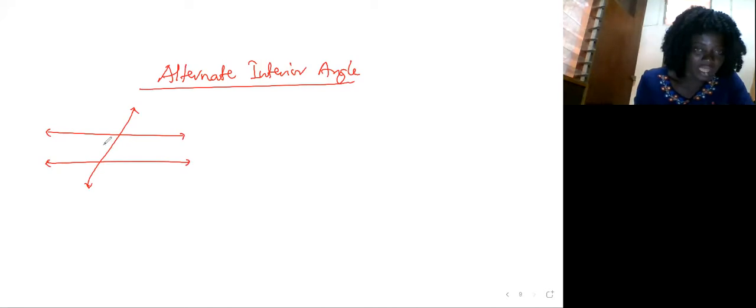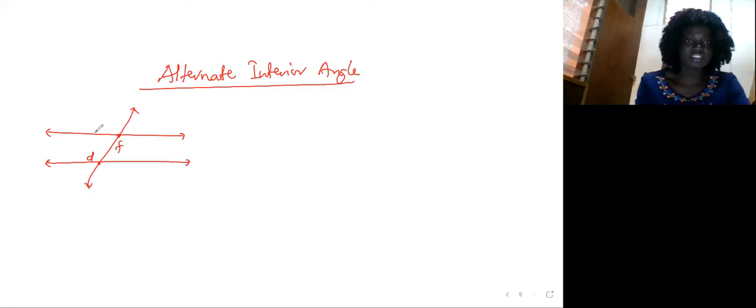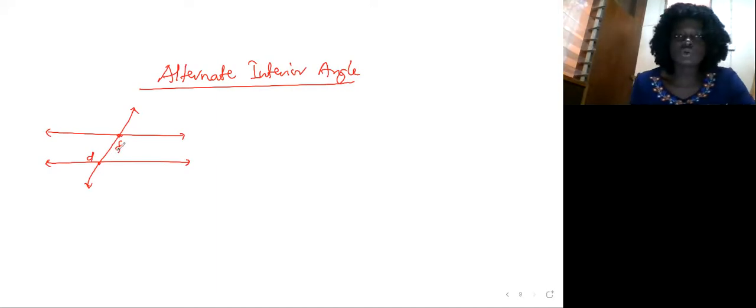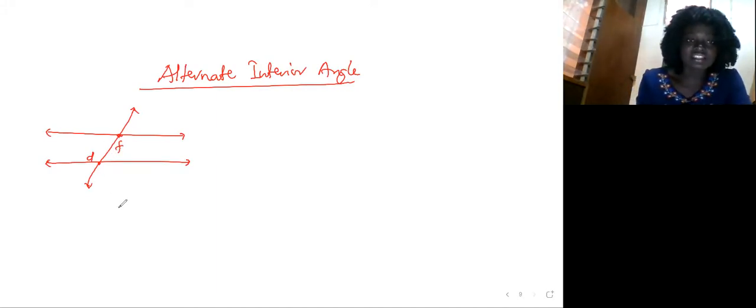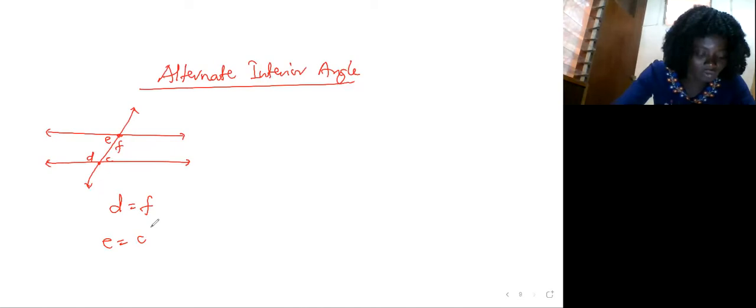So for the alternate angles, we have F and D. So we can say that D is equal to F. Likewise, assuming we have E here and we have C here, it means that E is also equal to C. Okay, all right, so that is that.